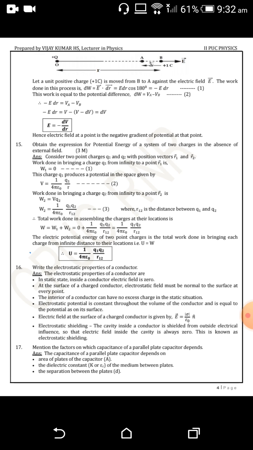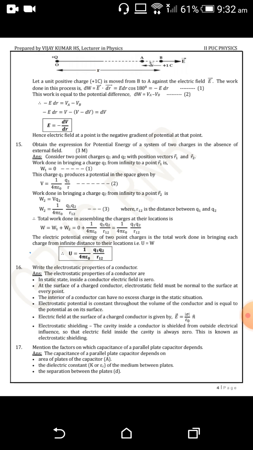As it has been given, consider two point charges q1 and q2 with position vectors r1 and r2. Let us consider a point A, where you need to bring the charge from infinity to a given point. Let us say we are bringing a charge q1 from infinity to point A. So what is the work done?